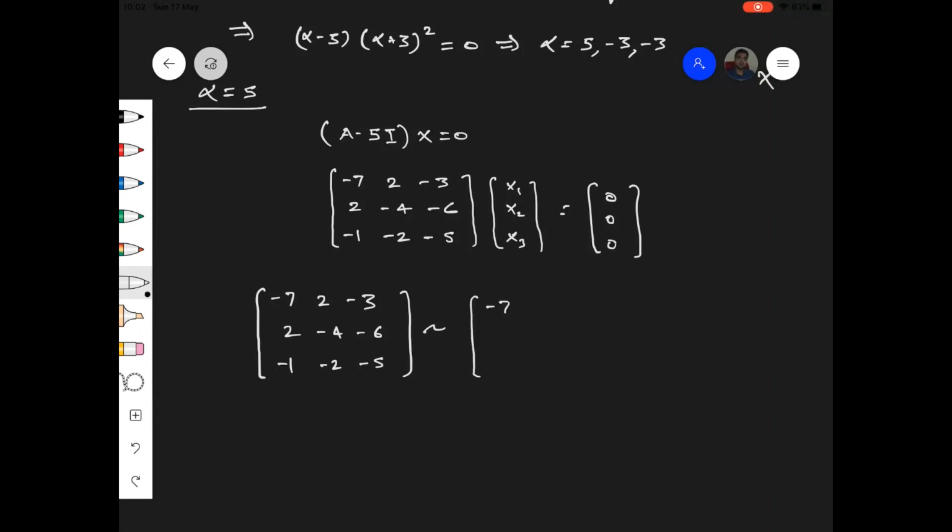So I'm keeping the first row as it is, -7, 2, -3, and now we'll use the fundamental row operations, first in row 3 followed by row 2.